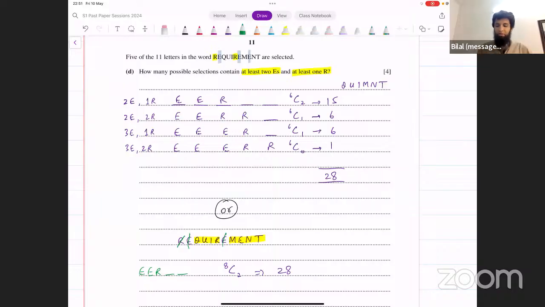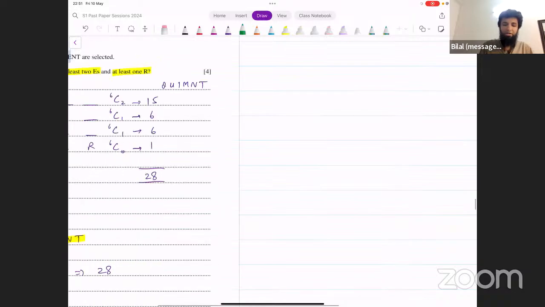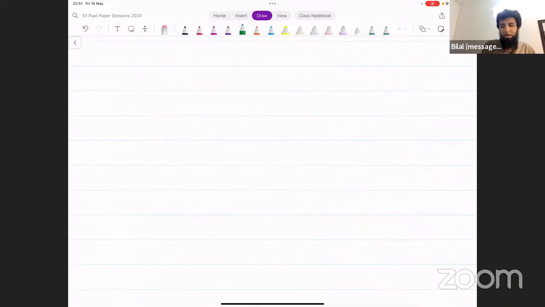Okay, how do you adjust the gaps between intervals? If you have, for instance, an interval like this, 11 to 20, and then 21 to 30, and then you have 31 to 50, and then maybe 51 to 80.